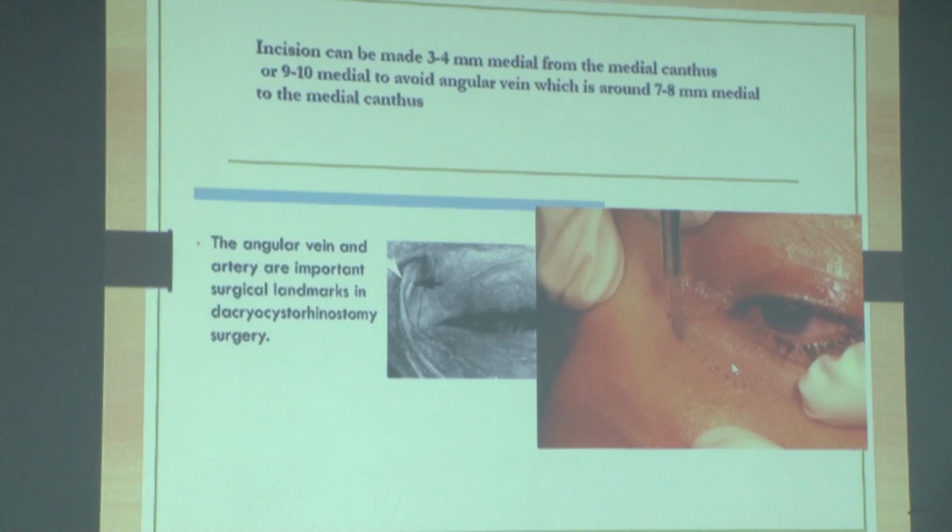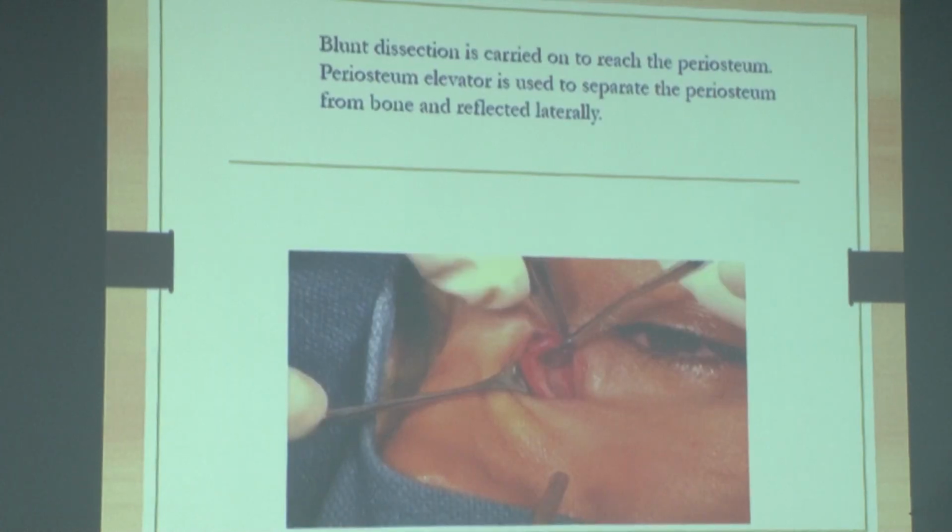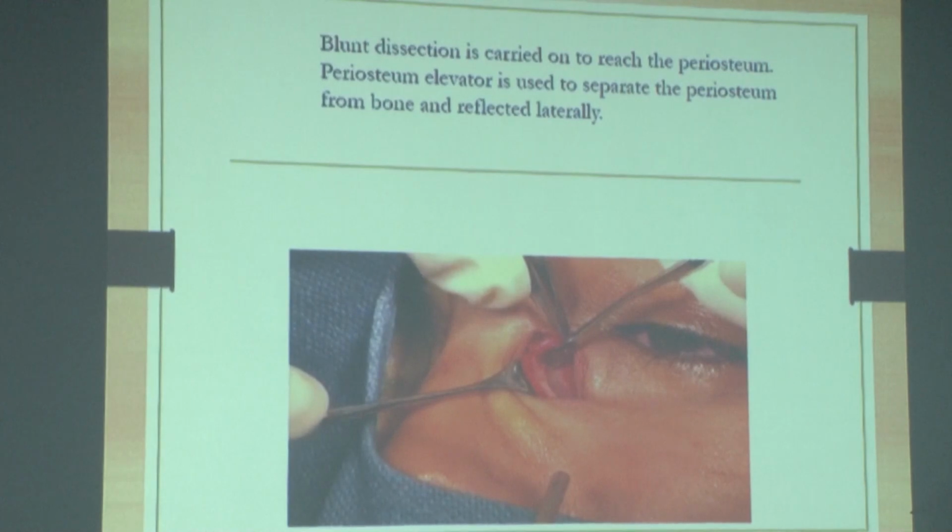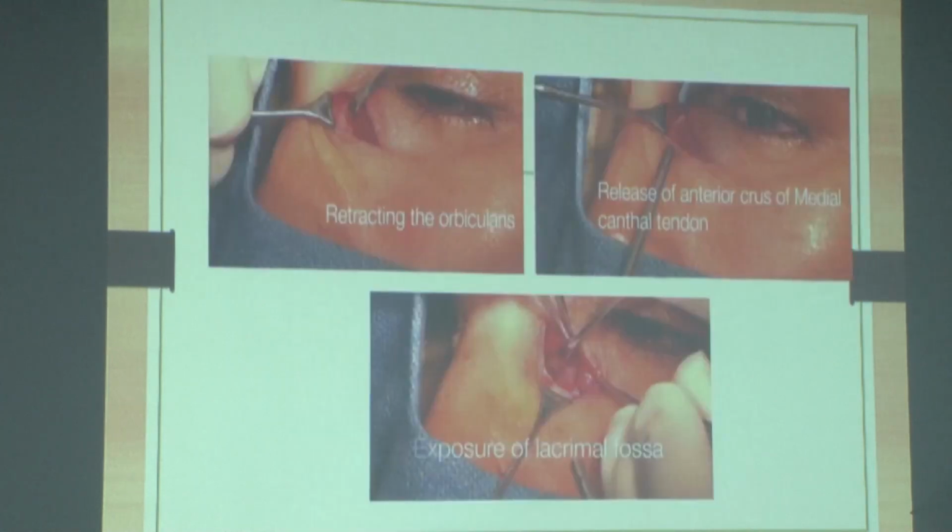This is the most popular incision, where you trace the anterior lacrimal crest, and it goes above till the medial canthal ligament. Then blunt dissection is carried out to reach the periosteum, and a periosteum elevator is used to separate the periosteum from bone and reflect it laterally.